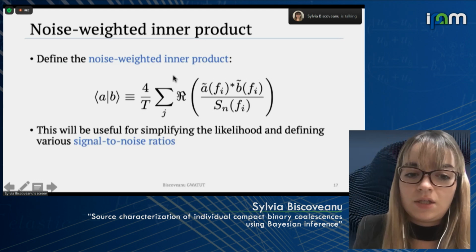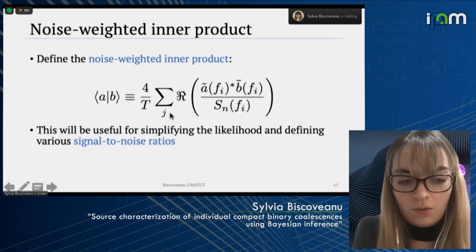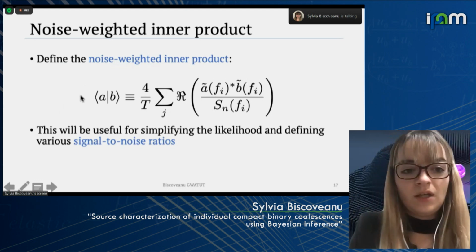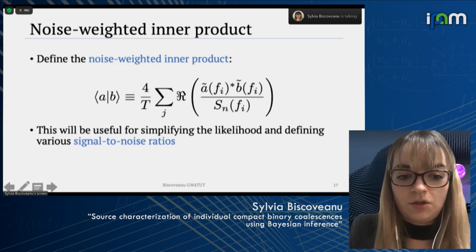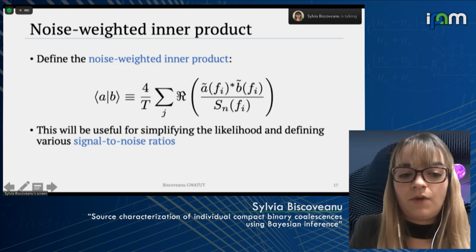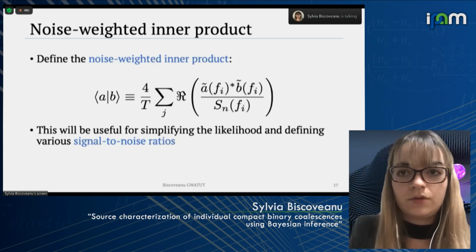So this is a sum over frequencies of basically this noise-weighted product of the two quantities that we are taking in this inner product. And as I said, this is just useful for simplifying the likelihood and defining the signal-to-noise ratios that we typically use to characterize how loud a particular signal is.